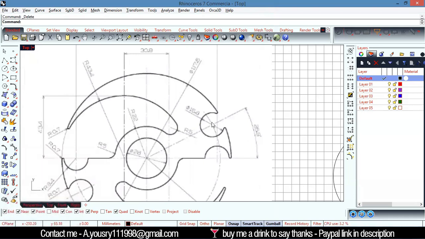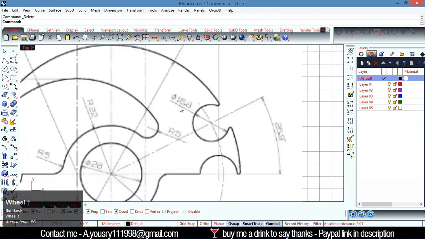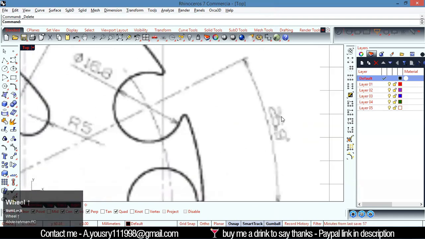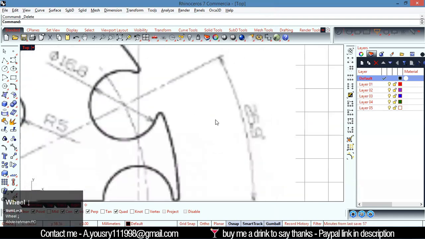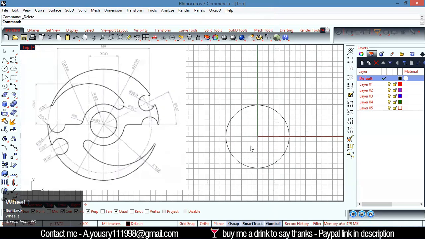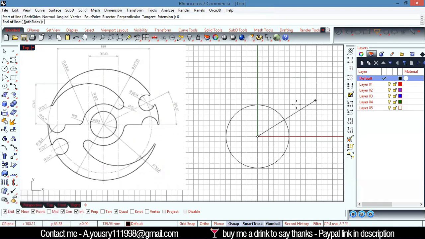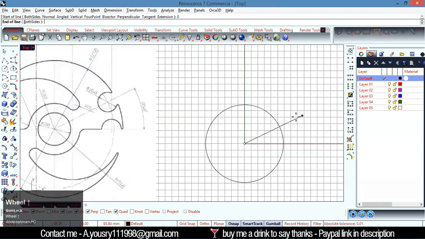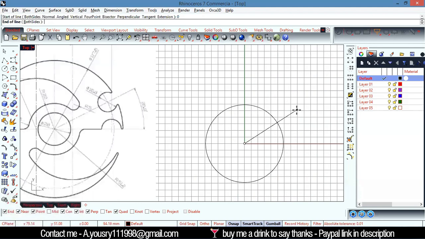Okay, so I'm moving right. I also have a circle here. That circle is 16.8 and it's at angle 26.9. So I'm going to type line here from 0, and I don't care about the length.